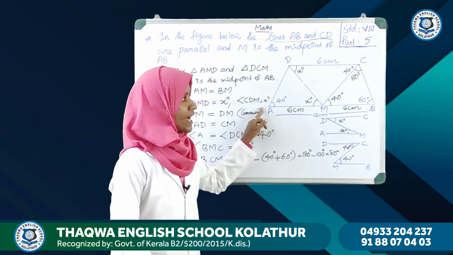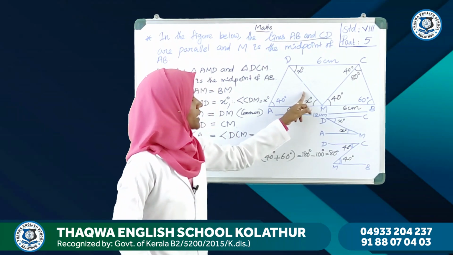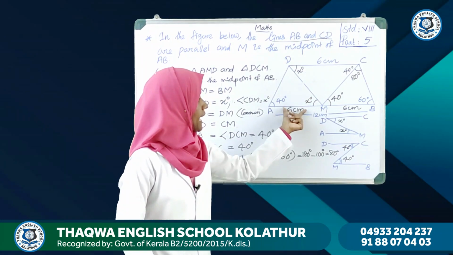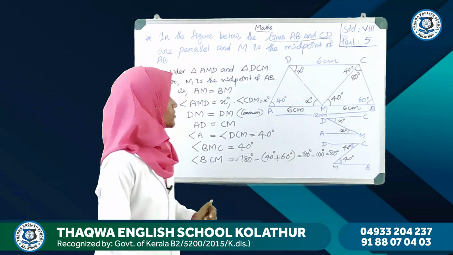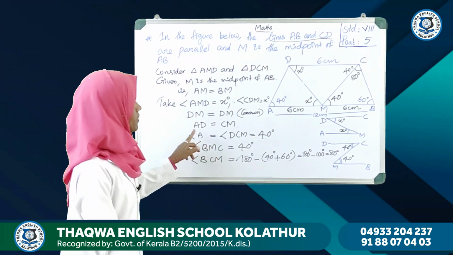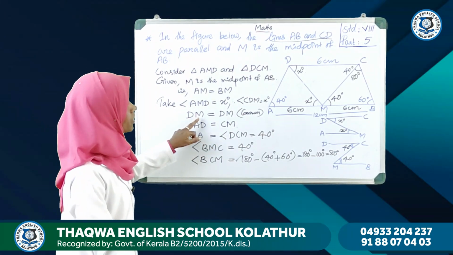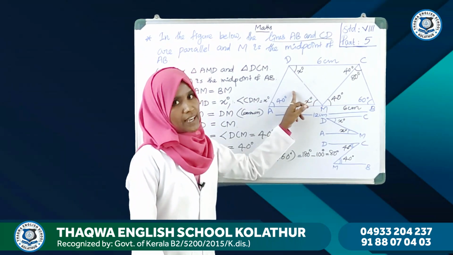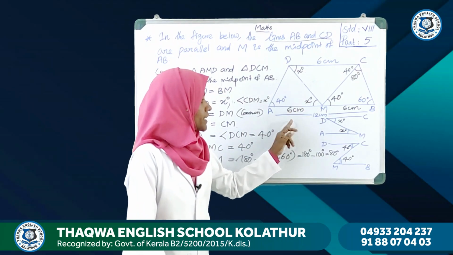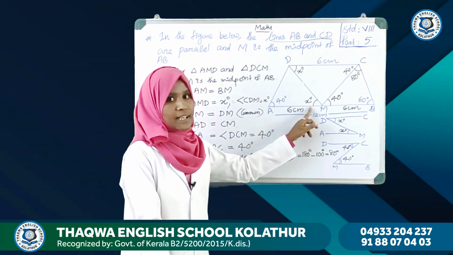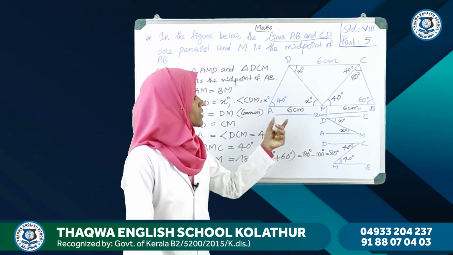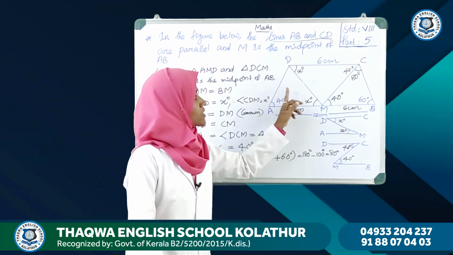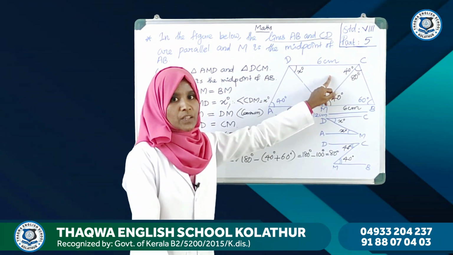They are the alternate angles made by the line MD meeting the pair of parallel lines AM and CD. So we can write DM equals DM. This is the common side of both triangles. By our result, if two sides and the angle made by them are equal in triangle AMD and triangle DCM, the third sides and the other two angles are also equal.